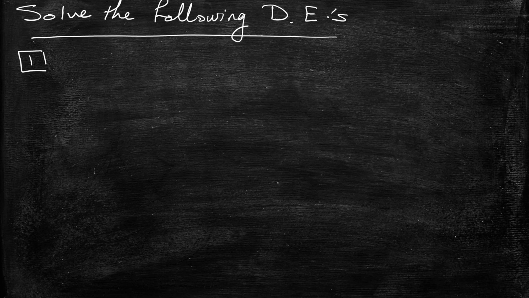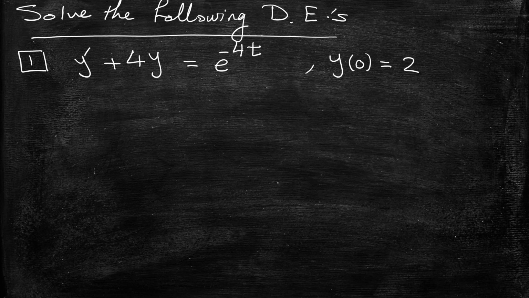First, we have a differential equation: y' + 4y = e^(-4t), and given the initial condition y(0) = 2. So trying to solve this one here.